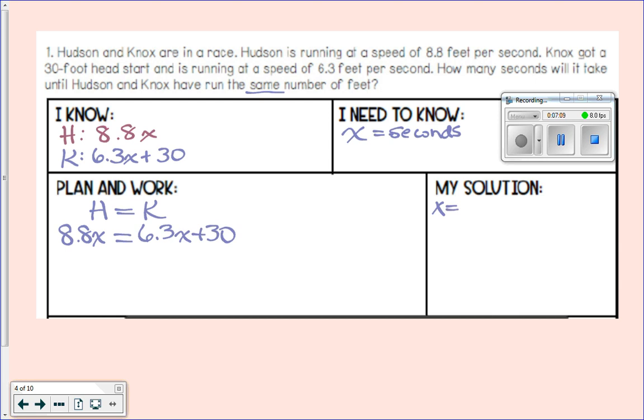Yes. Yeah. So this is your equation, and we already know how to solve equations, right? So let's practice that. What do we do? Subtract 6.3 out. Good. Both sides. Any good left? Now what?